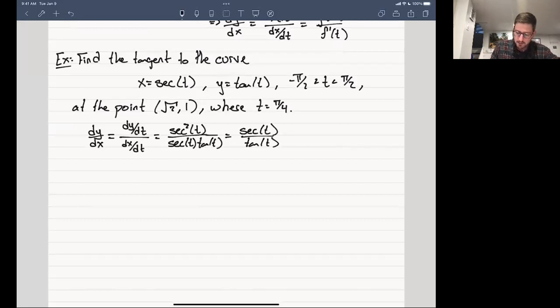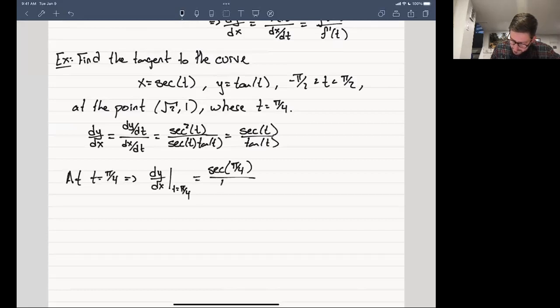Now, I can find the slope of the tangent line by just plugging the value of t into dy dx. So at t equal to pi over 4, dy dx is equal to the secant of pi over 4 divided by the tangent of pi over 4.